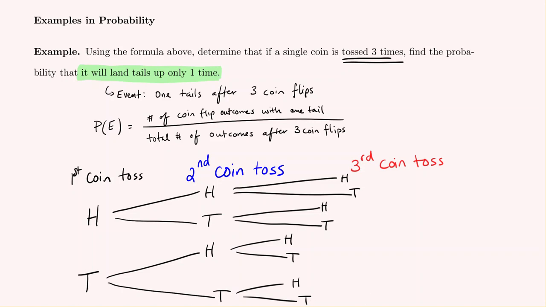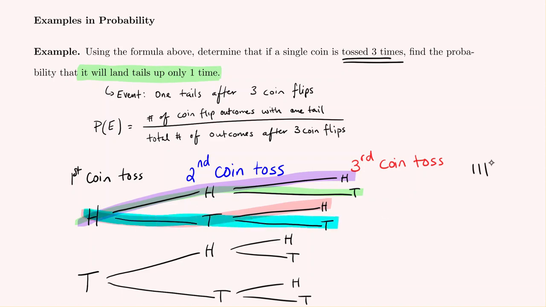Now together, let's count how many total outcomes there are for the 3 possible coin flips. I've got our first outcome, heads, heads, heads. So that's 1. Next, we could have had heads, heads, tails. That's another possible outcome. Then heads, tails, heads. Another possible outcome. Heads, tails, tails. Another outcome.